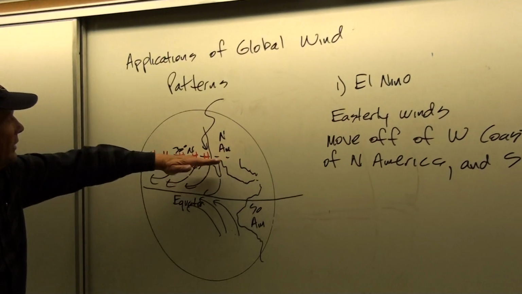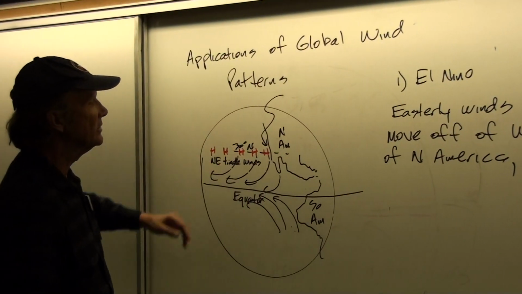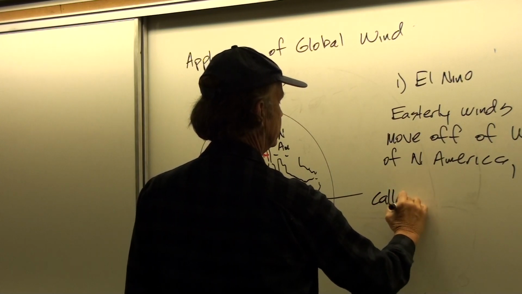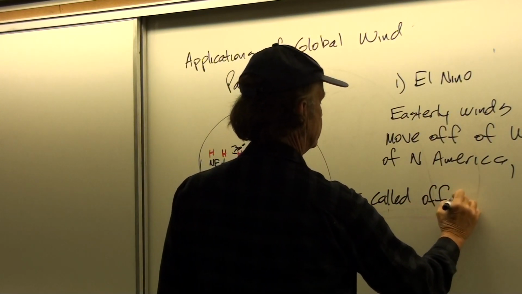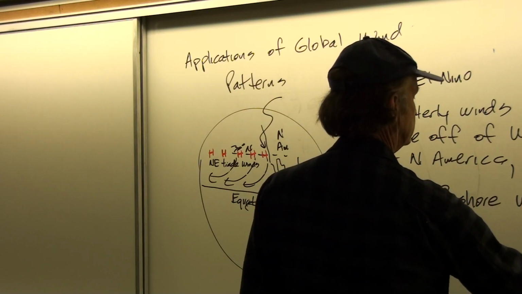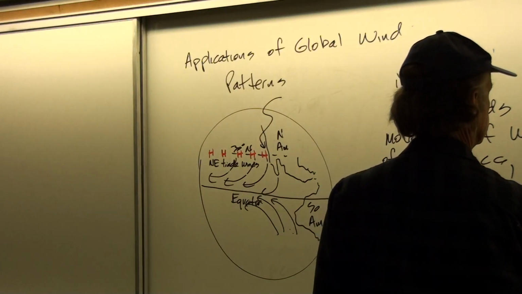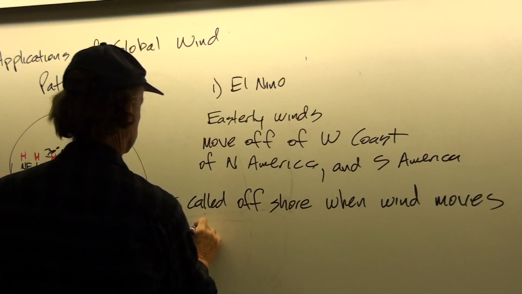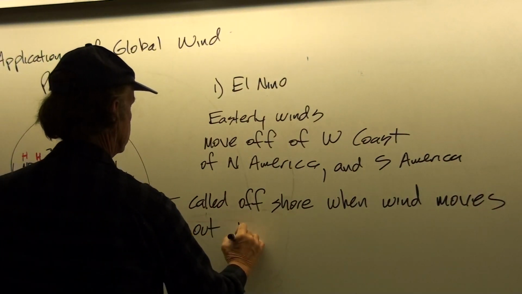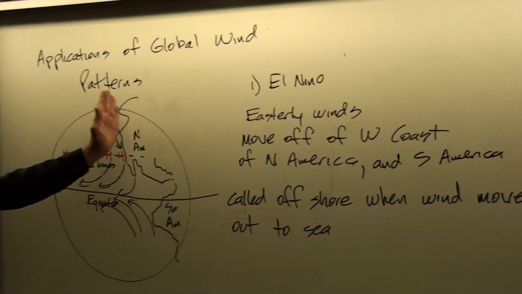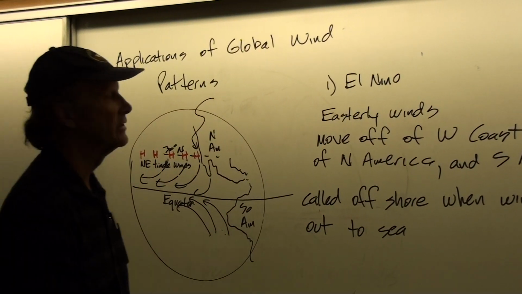So when these winds are moving like this, it's called an offshore breeze. And so in both of these situations, then, we would have offshore breezes.